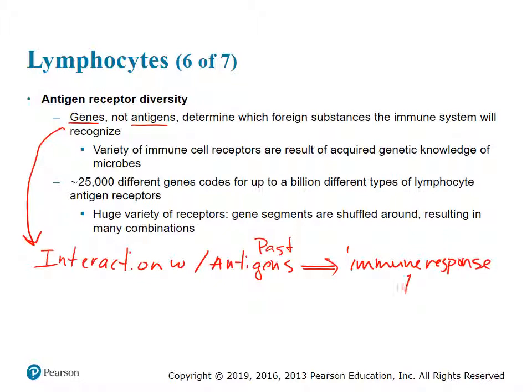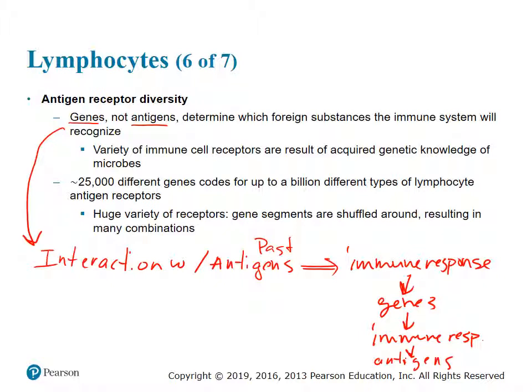Then our genes changed, and we carry those genes for the same type of immune response to those particular antigens. That's really what this is all about. Our genes carry the changes we've experienced from interacting with these antigens.